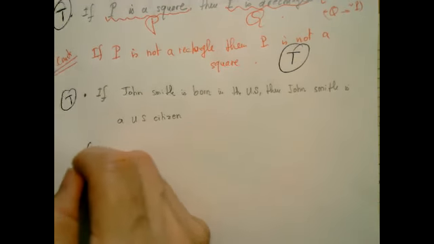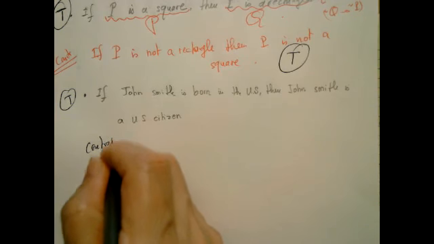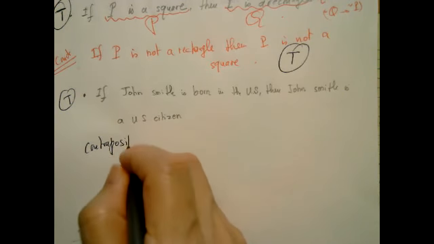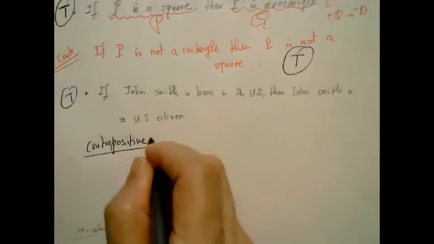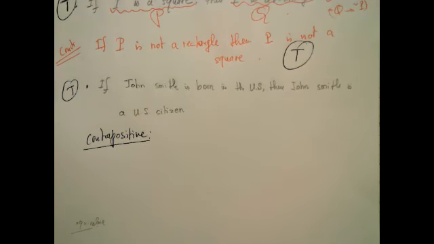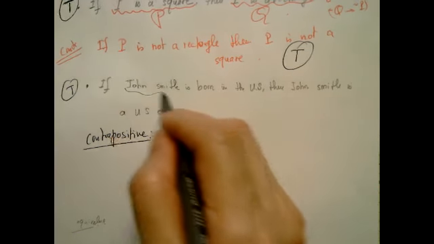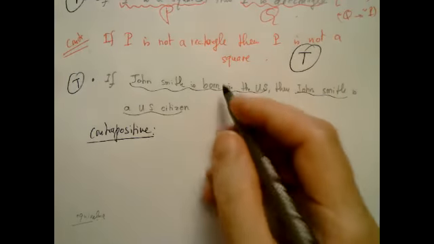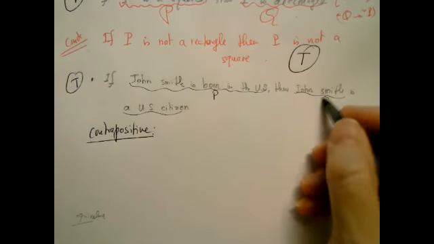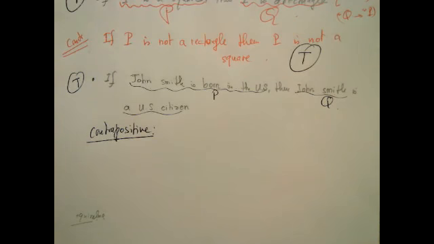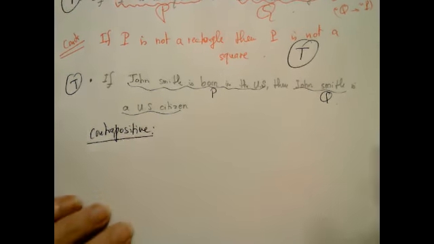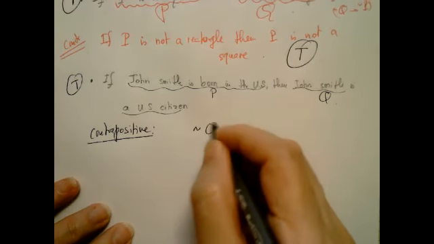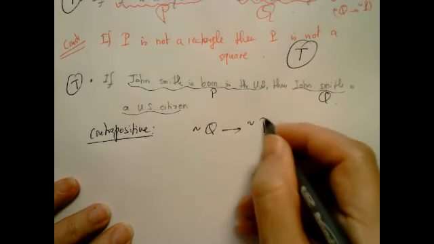And now we're going to write the contrapositive. So this is my premise, and this is my conclusion. This is my P, and this is my Q, or R, or L. You can call them anything you want. So the contrapositive will become: if non-Q, then non-P.